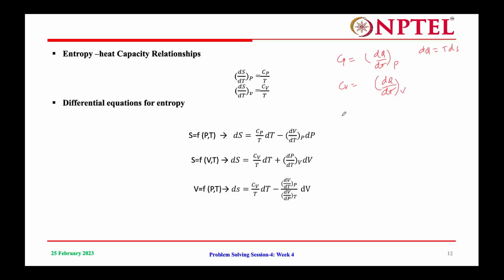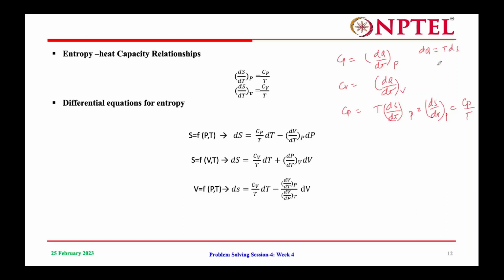So put it here: T dS by dT at constant pressure. So (dS/dT) at constant pressure is equal to Cp by T.